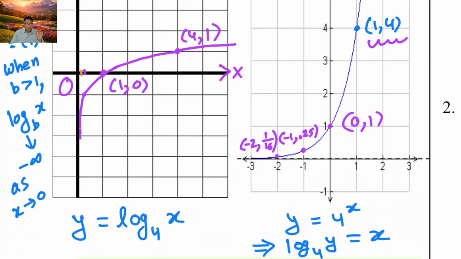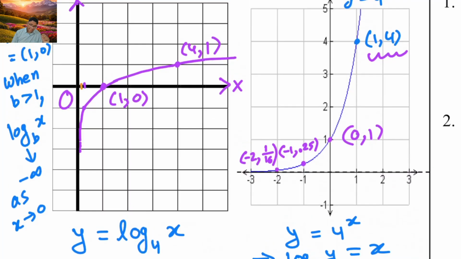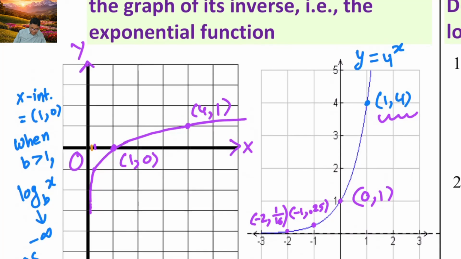Okay, so when the base is greater than 1, log x will go to negative infinity, that you can see here, falling to negative infinity down when you get closer to 0. And what about on the right side?